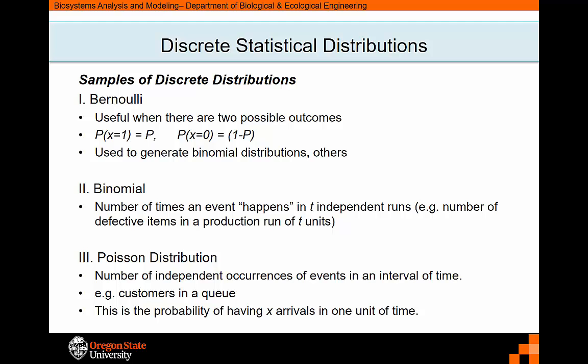For example, the binomial distribution is used to describe the number of successes in a set of observations where the outcome is binary, meaning a yes or no answer. We won't describe these discrete statistical distributions in detail here, but if you are trying to characterize a discrete as opposed to a continuous variable, you will want to familiarize yourself with some of these distributions.